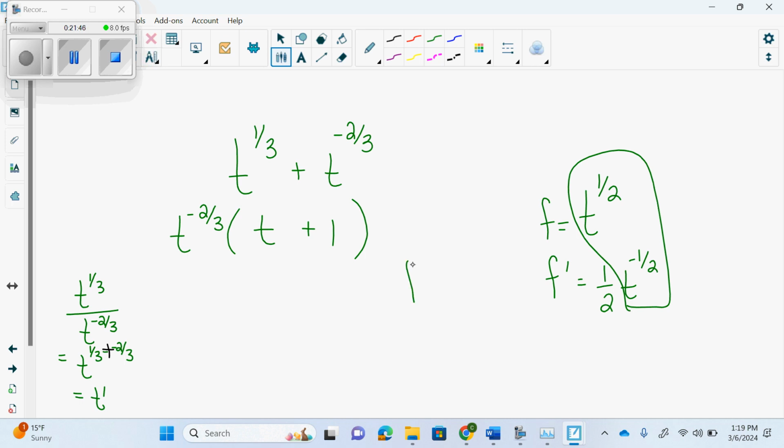If my f is t to the third, my f prime is going to be 1/3 t to the negative 2/3, because what am I doing? Subtracting 1. So when I take that negative 2/3 out and I subtract it, it's going to be 1 every single time. So when you take these ugly fractional exponents out, you actually are going to get 1, because the 1 will cancel off, and t to the 1, because the other one will even itself out.